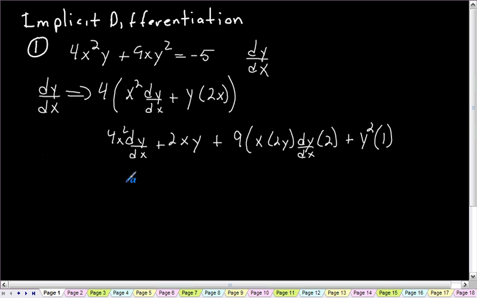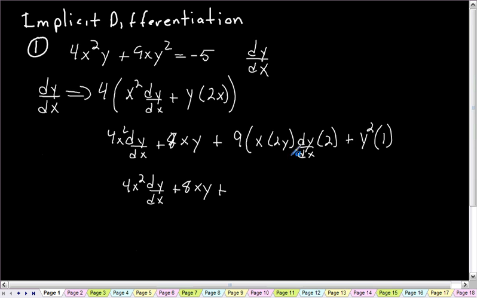Now we distribute this again. This is 4x to the second dy/dx plus, if I distribute this 4 into this, it actually comes out to 8xy.